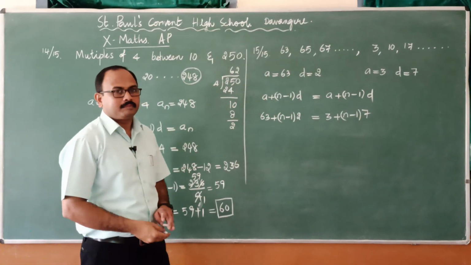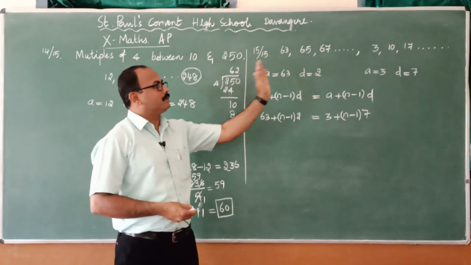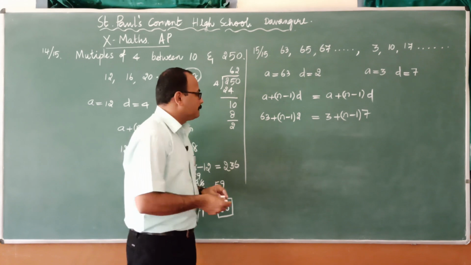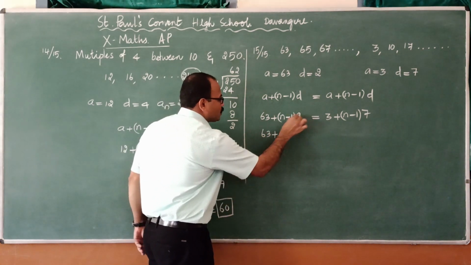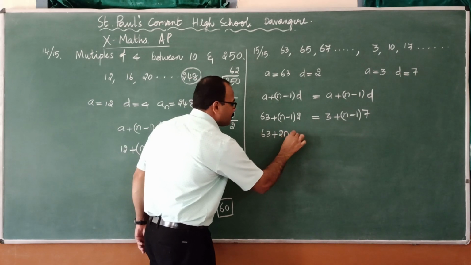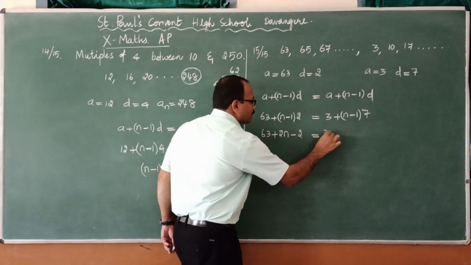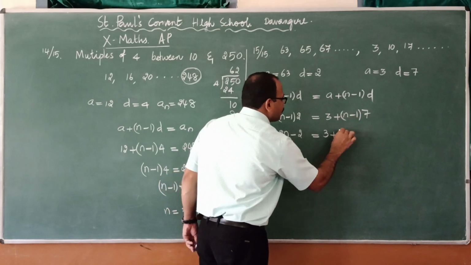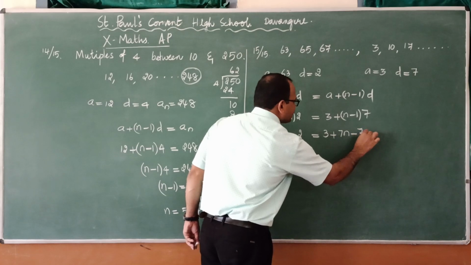Simplification, children. The nth term of this AP will be equal to the nth term of the second AP. This is 63 plus 2 into n, 2n minus 1 into 2, will be equal to 3 plus 7 into n, 7n minus 1 into 7, 7.